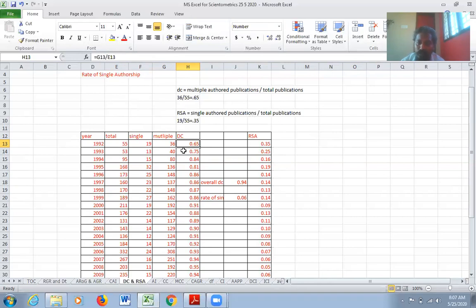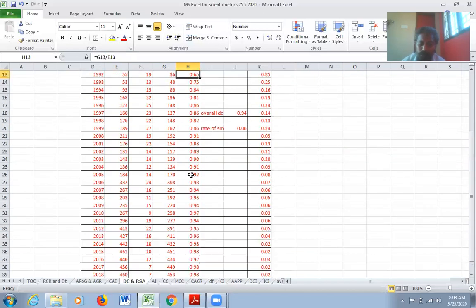So degree of collaboration is 0.65. It means that 65% of total publications of 1992 were born out of collaborative research work. So out of 100, 65% is from collaborative research work. Fine. So this way you can calculate for all the years individually.